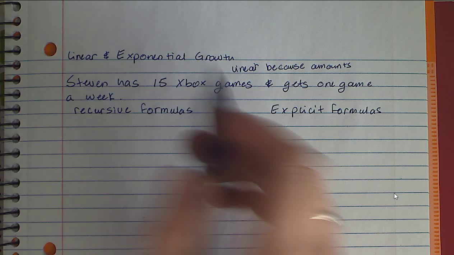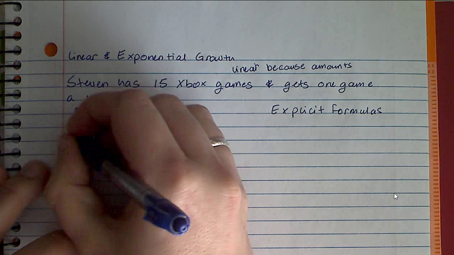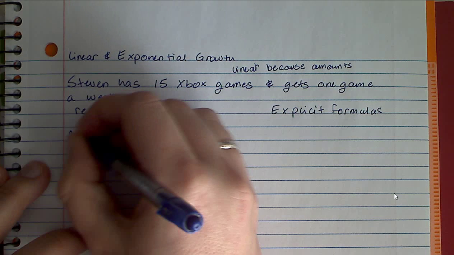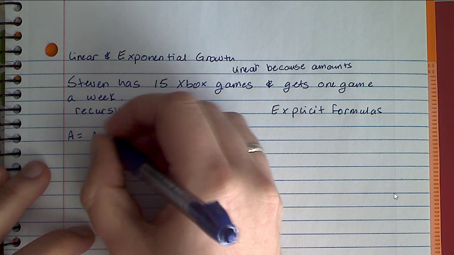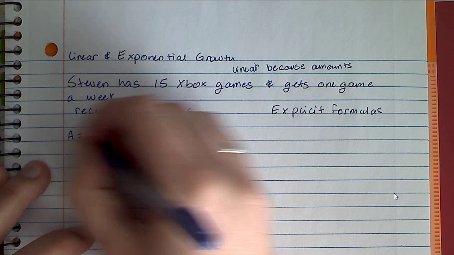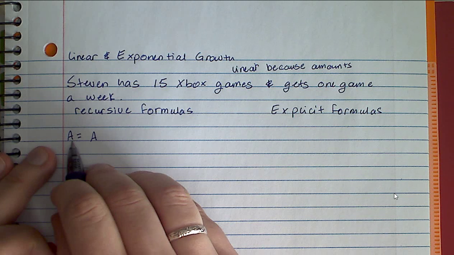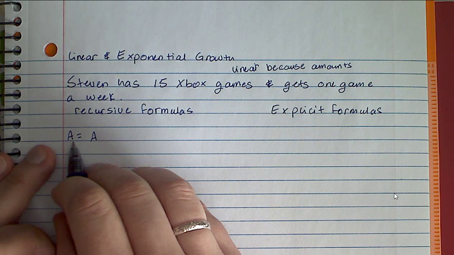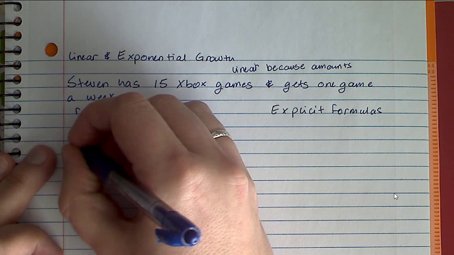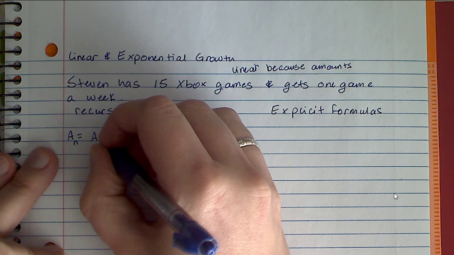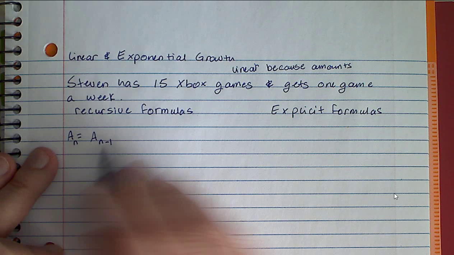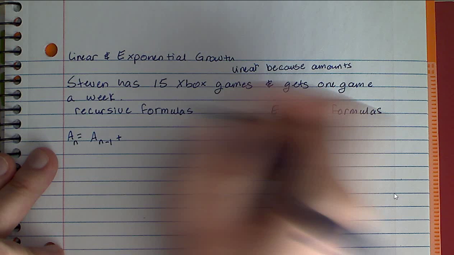okay, I would say that the amount of games he has is going to be equal to the amount of games he had before, and I'm going to use what are called subscripts here. So I'm going to say a sub n, which is the amount of games he has now, is going to be equal to the amount of games he had last week, plus 1.